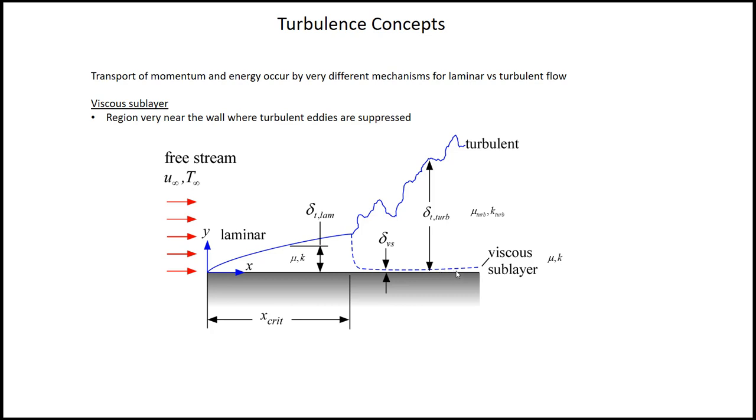For one thing, the turbulent eddies just don't have room to move. They're constrained by the wall. So you think about this as a region then where you don't have a turbulent flow anymore. You're back to having a laminar flow. You're back to a region where the effective fluid properties are approaching the molecular fluid properties, versus out here in the core, the effective fluid properties are closer to the turbulent fluid properties.